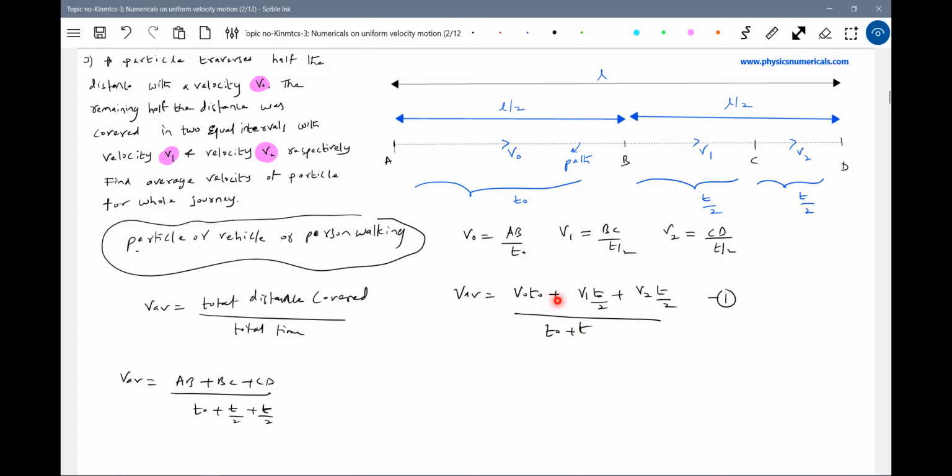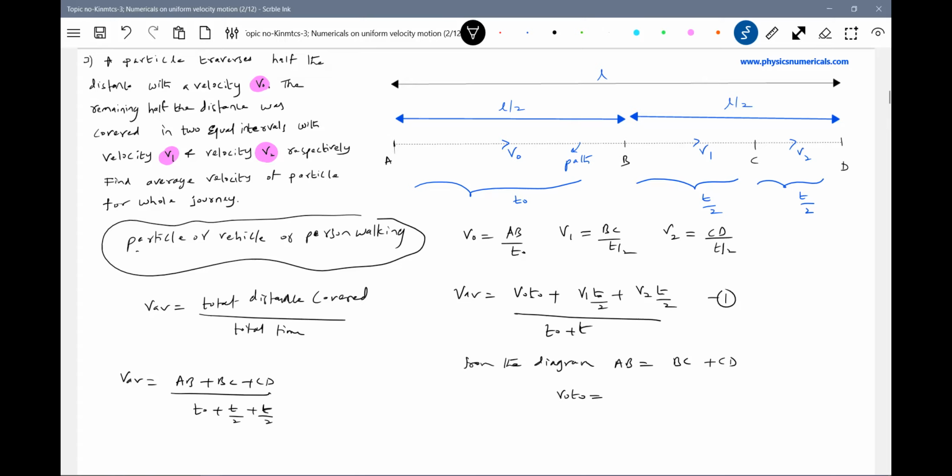I need one more equation, so I'll take help of this one. What is the condition given? That AB is equal to BC plus CD, half of the length, the remaining distance. So from the diagram, AB equal to BC plus CD. What is AB?